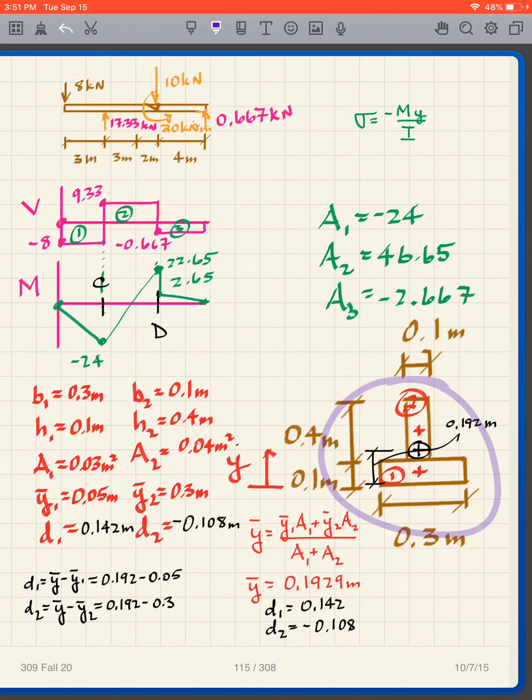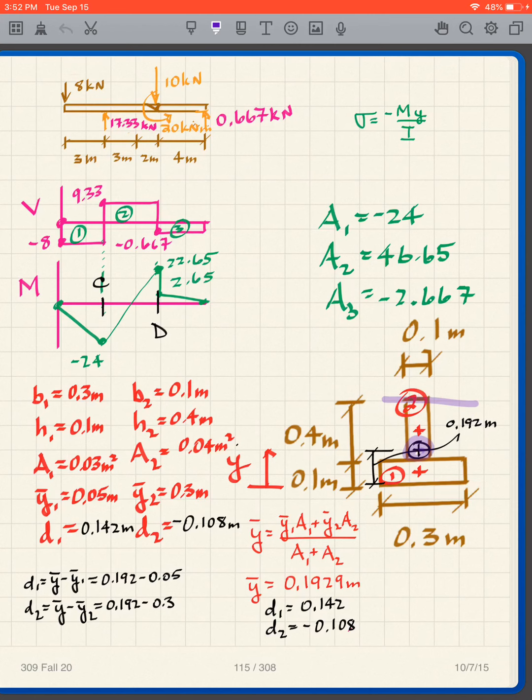That being not symmetric about an x-axis means that my centroid is not in the center, and a centroid not being at the center means that the distance from the centroid to the top is different from the distance from the centroid to the bottom.